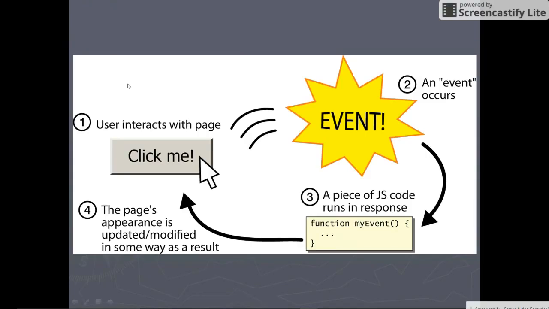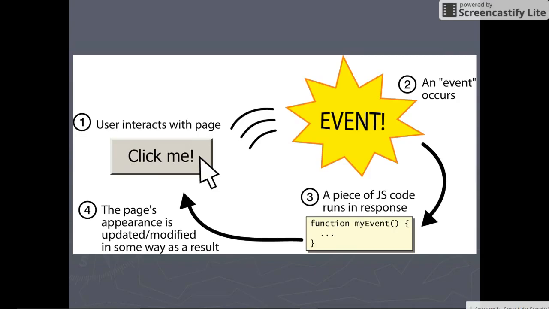When a user interacts with a page, like clicking on a button, an event occurs, then a piece of JavaScript code runs in response to that event. The component of JavaScript that catches this event is the event listener, and it performs a certain operation and modifies your page. So this is the scenario of event handling.